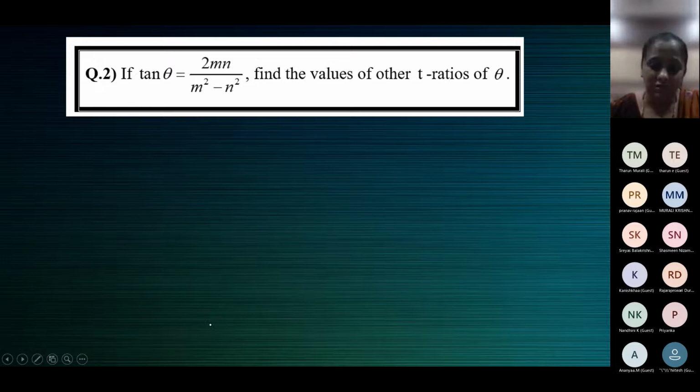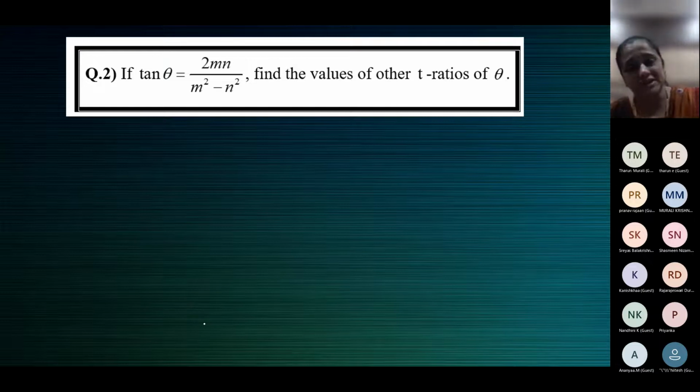You can find the other trigonometric ratios of theta by using a right triangle or by using trigonometric identities.